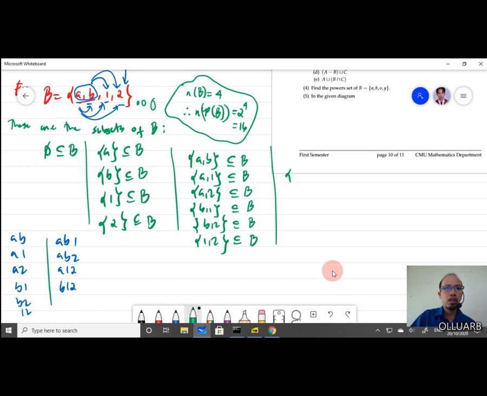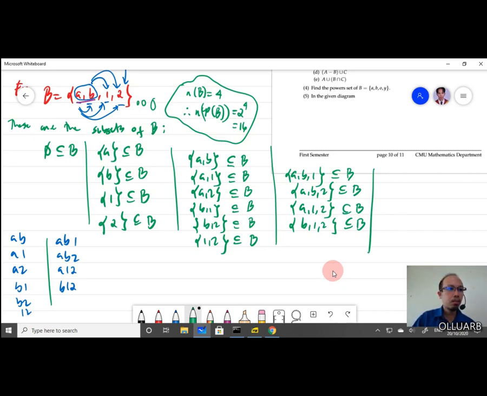So from here we have A comma B comma 1, A comma B comma 2, A comma 1 comma 2, and finally B1, 2. These are the subsets of B that contain three elements. And the last one is that there is only one subset that contains four elements.